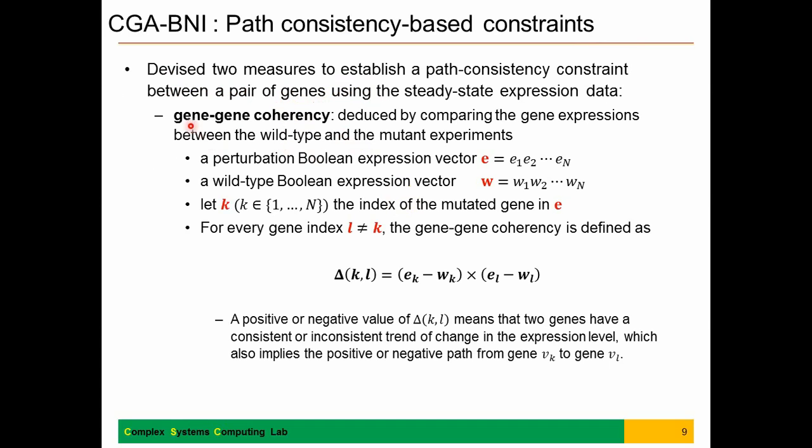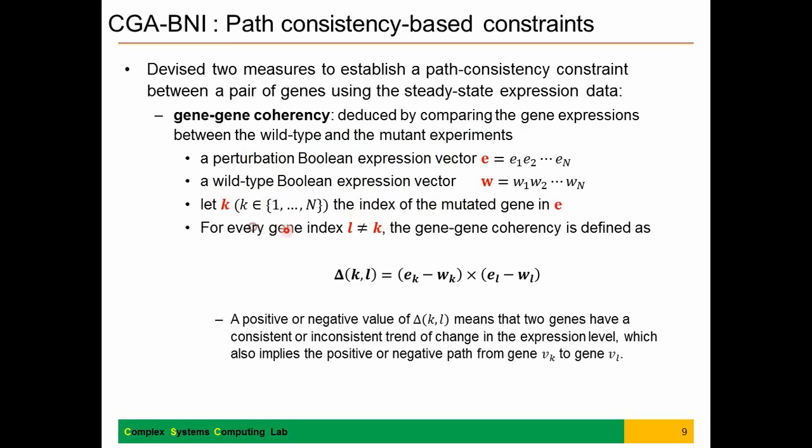The first is the gene coherency. It is deduced by comparing the gene expression between the wild type and mutant experiment. We have a mutant Boolean expression vector E and a wild type Boolean expression vector W. Let K be the index of the mutated gene in E. It means the gene VK is mutated.